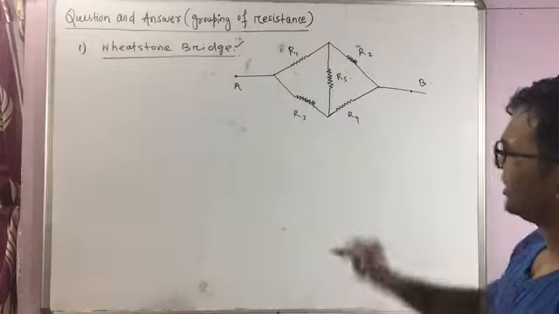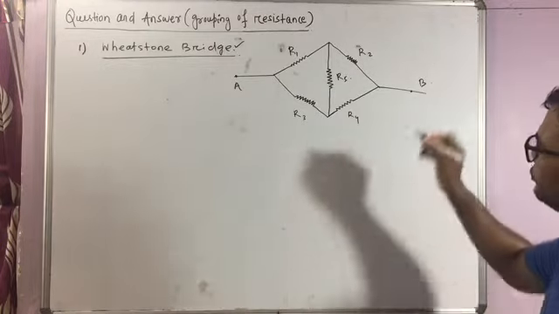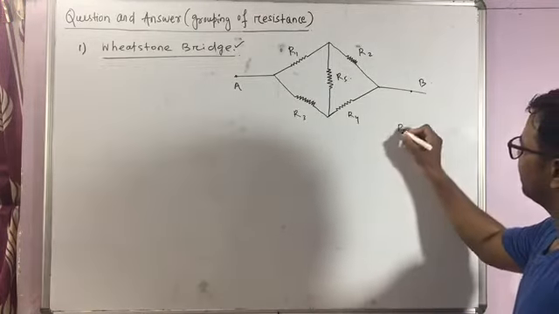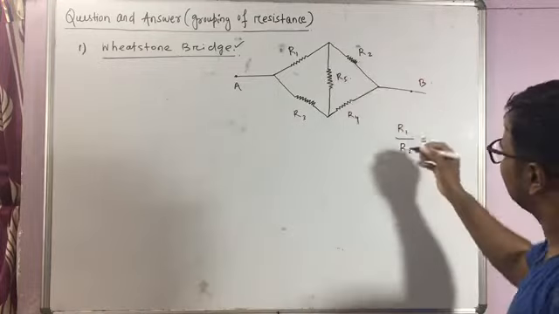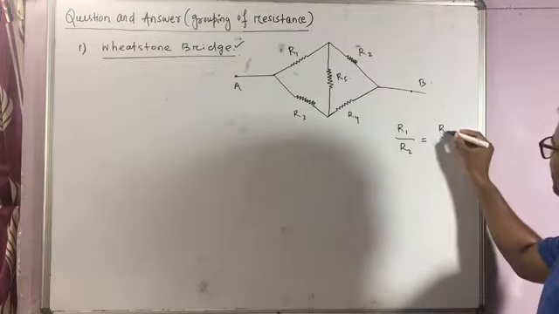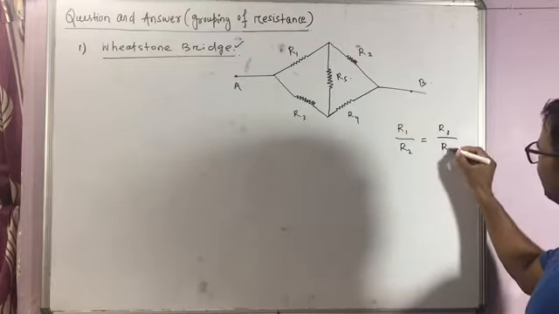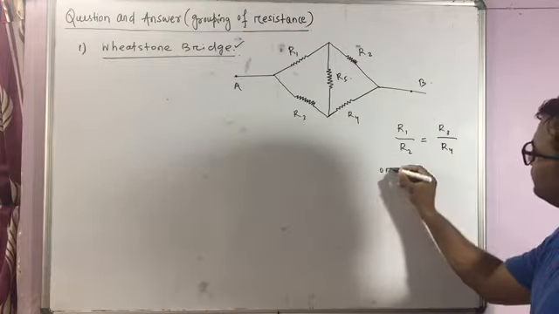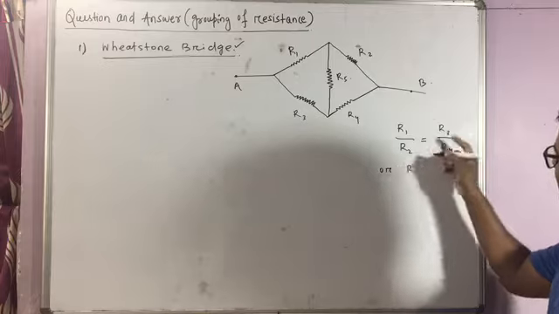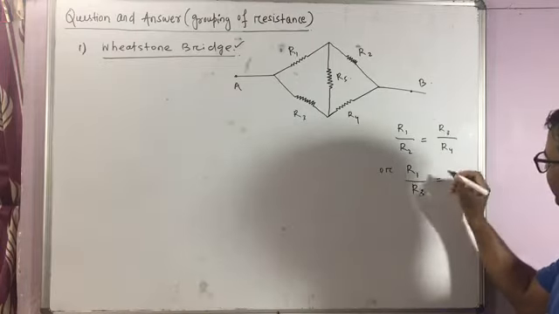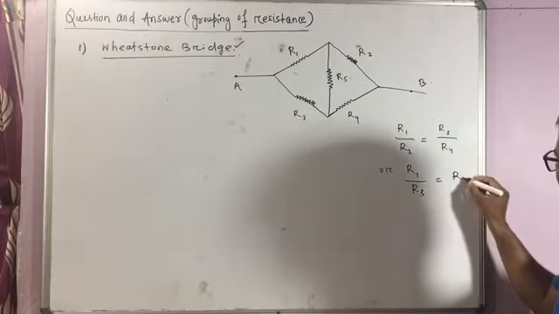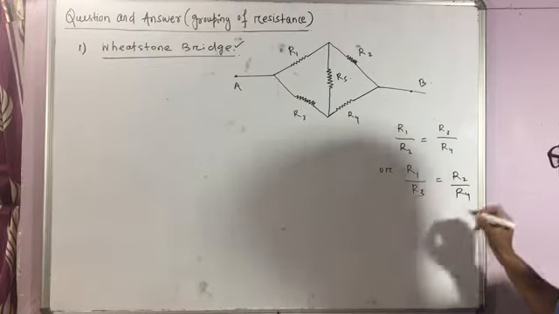In this case, you first check a condition. You check if the value of R1 by R2 is equal to R3 by R4, or, taking R3 here, R1 by R3 is equal to R2 by R4.